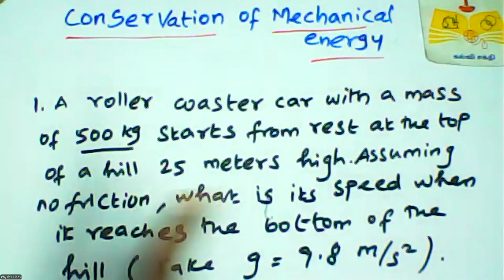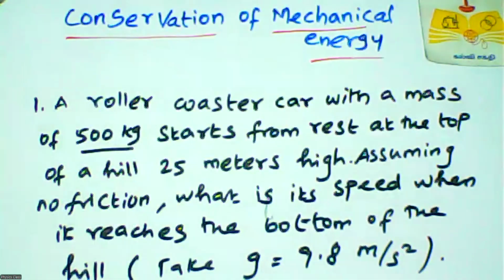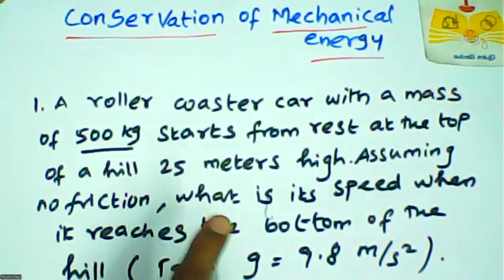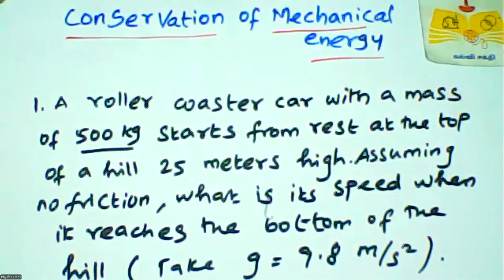A roller coaster car with a mass of 500 kilograms starts from rest at the top of a hill 25 meters high, assuming no friction.